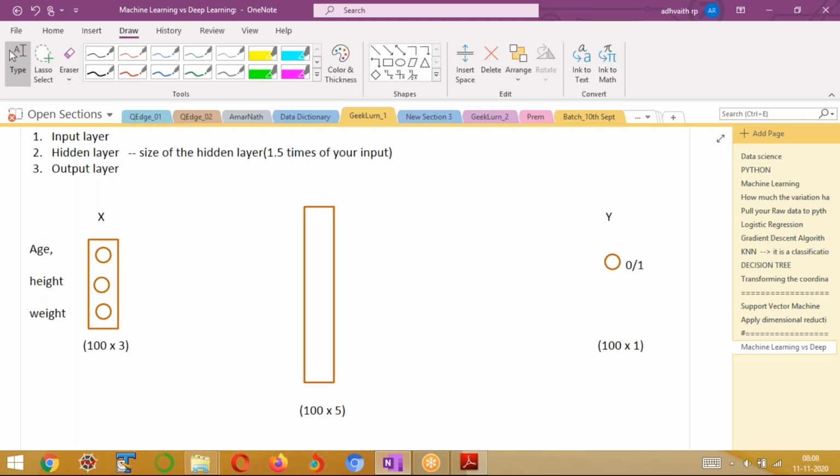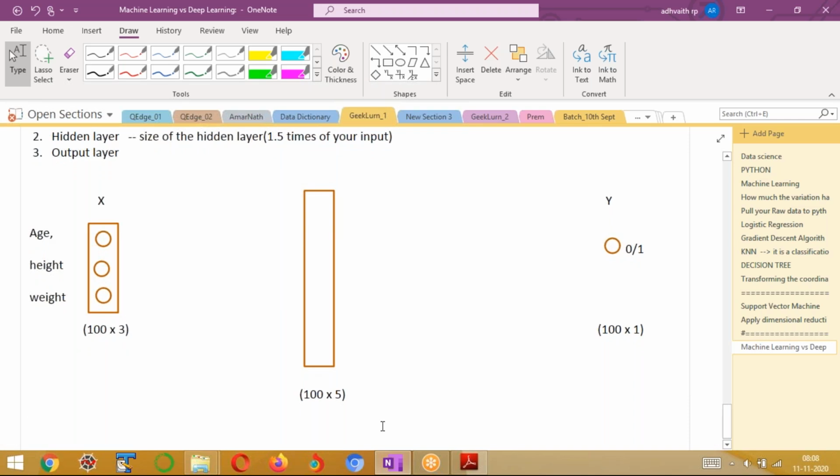Let's imagine my input is 100 by 2. What should my hidden layer be? 3, correct? Because 2 plus half of it, which is 1, becomes 3. Everyone agree?